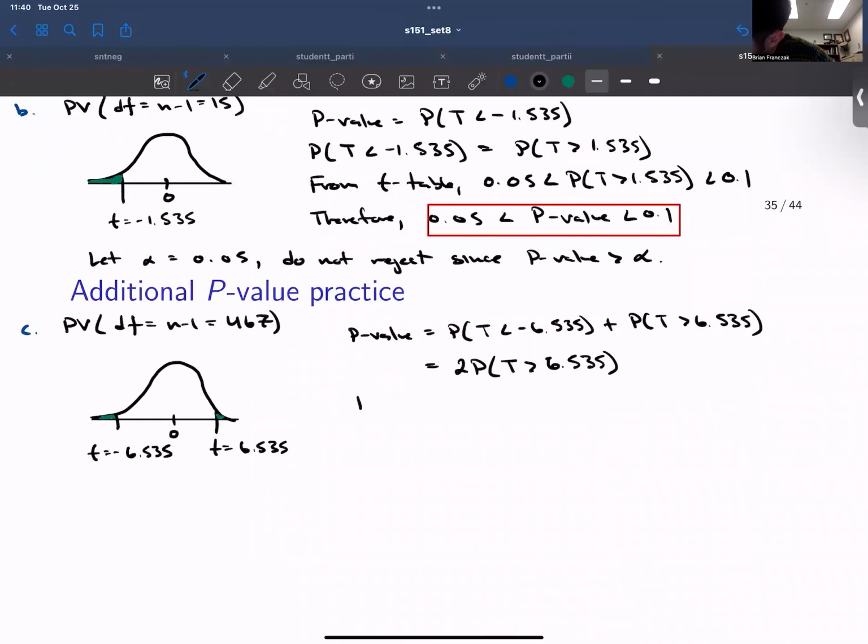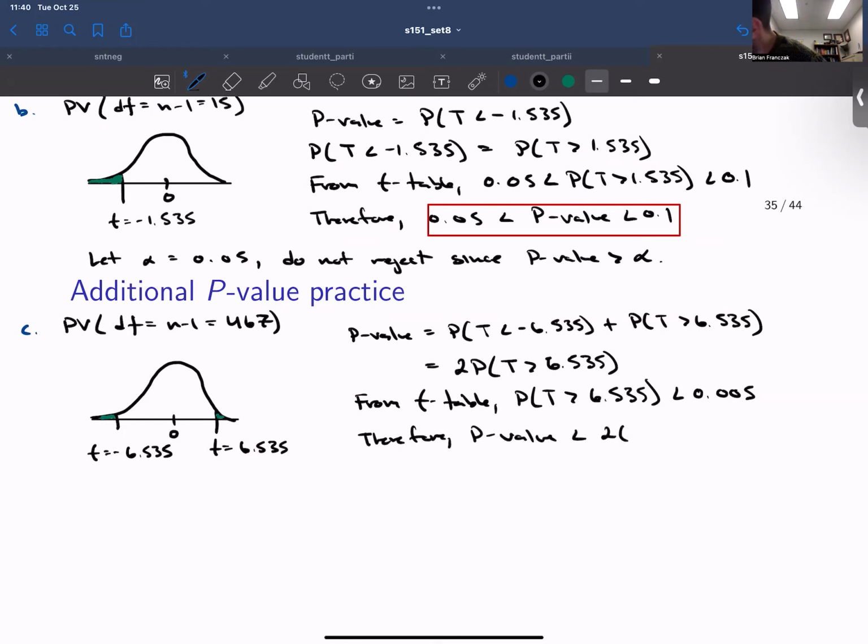Okay, so from the t-table, the probability that t is greater than 6.535 is less than 0.005. Therefore, the p-value is less than 2 times 0.005. The p-value is less than 0.01.